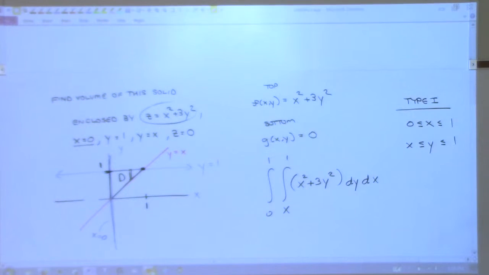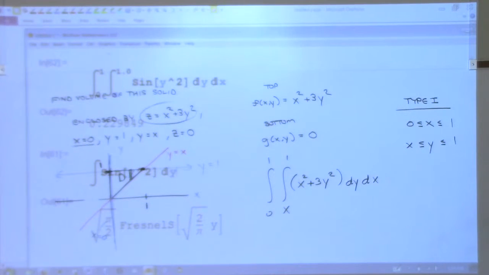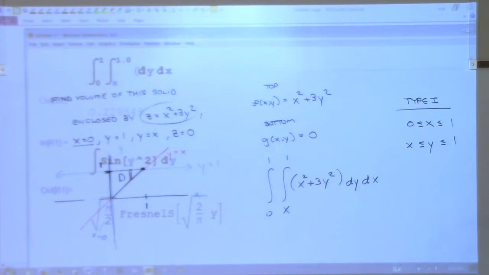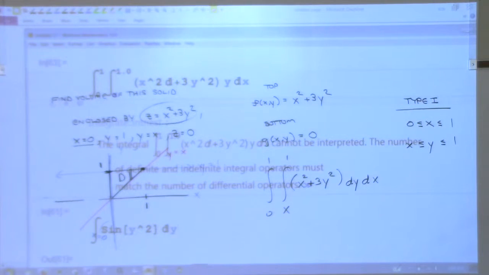Let's just compute it real quick because I've got this sitting right here. We go 0 to 1, we go x to 1, and we're doing x squared plus 3y squared. Oh, because I accidentally deleted that. No, I messed up. Let me try something.